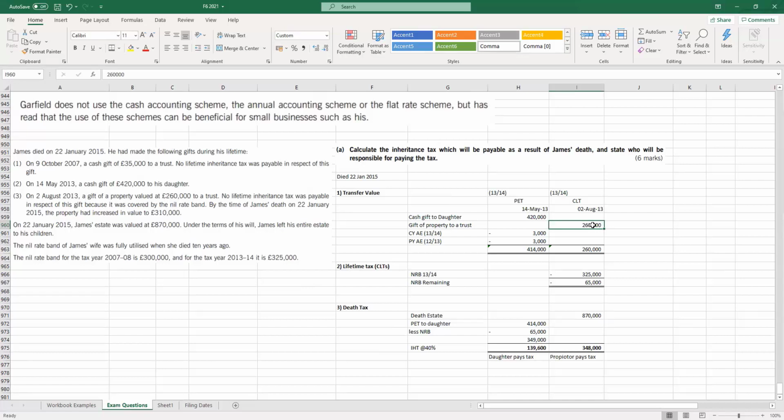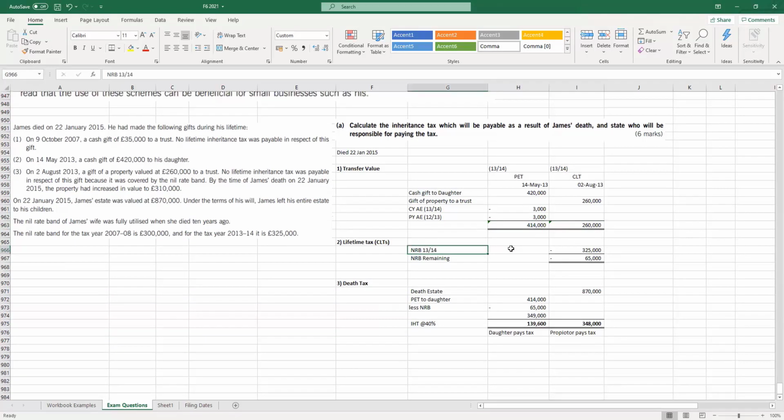And then I've deducted the current year prior year annual exemption amount. Good. So that's the final two figures here. And then for the CLT, I've deducted the nil rate band completely.